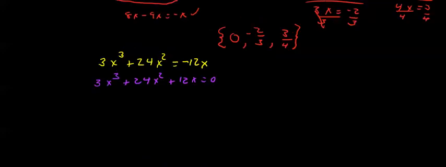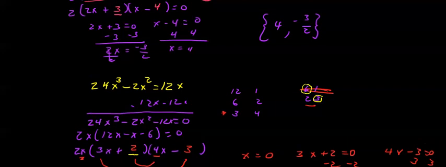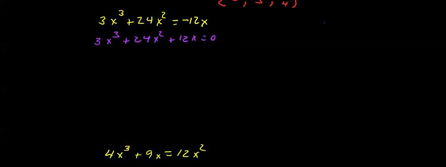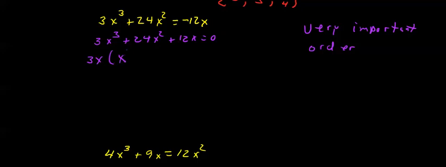It is very important, I never mentioned this before, the order must be in decreasing powers of x. Greatest common factor is 3x. X squared, 3 goes to 8x plus 4.